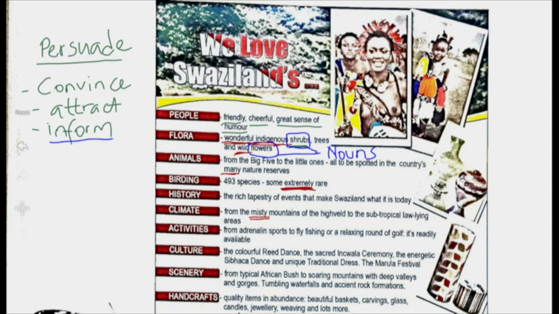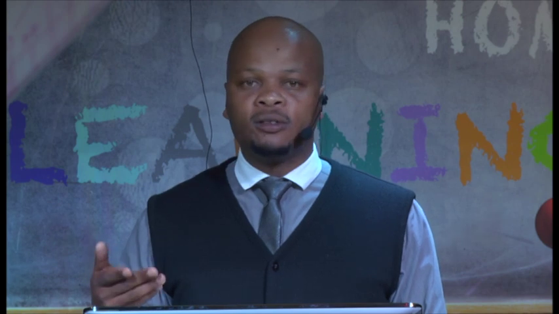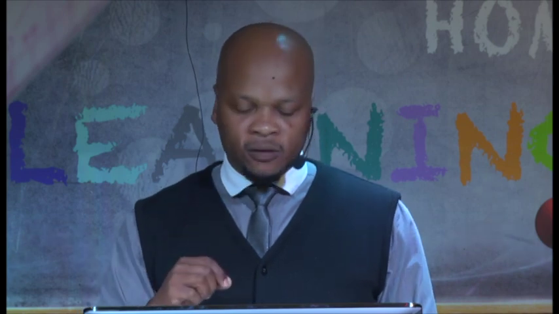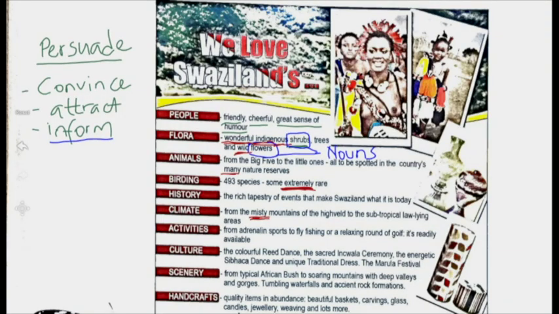But here I'm captured by the use of the words misty mountains. Not just from the mountains or the high mountains, because a mountain obviously has to be higher than a low-lying area. But it's a misty mountain. It includes more detail, and then why the inclusion of that detail? We're going to look at that later. Again, activities from adrenaline sports to fly fishing or a relaxing round of golf. It's readily available.